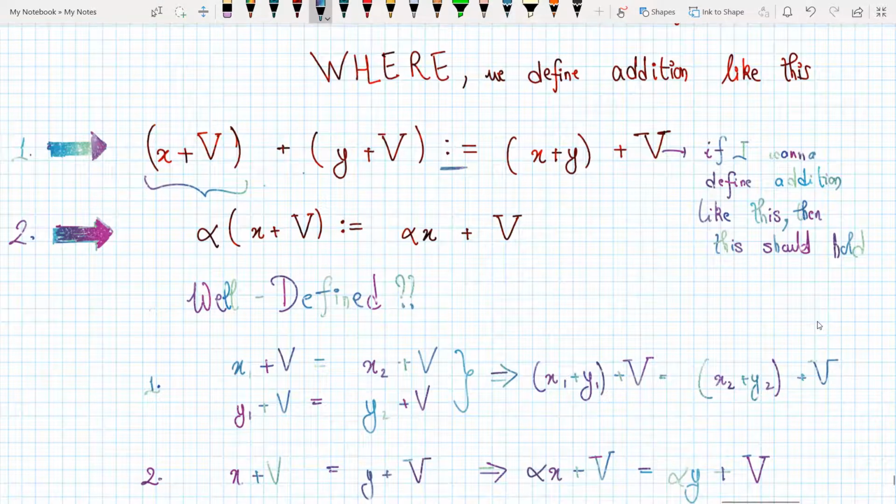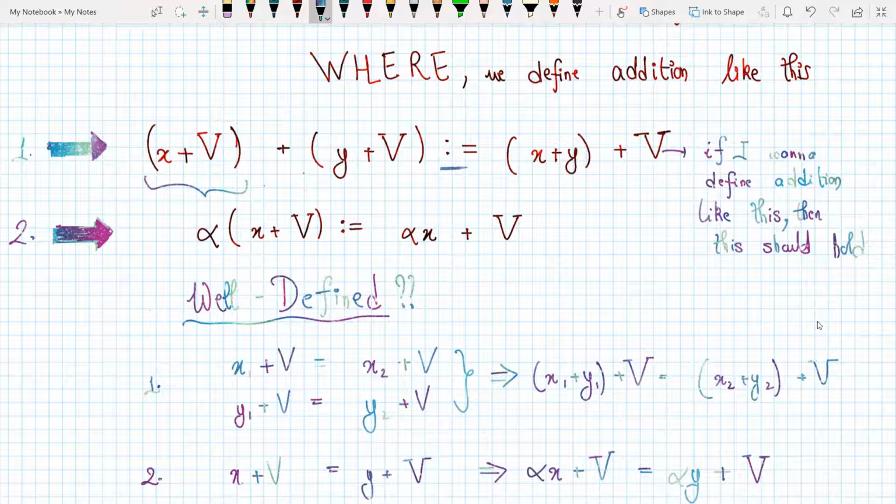Once I have defined addition and scalar multiplication like this, I have to check that they are well defined. Well-defined is a very nebulous word used by mathematicians to mean different things depending on the problem domain.